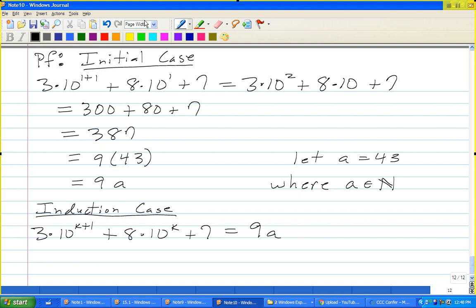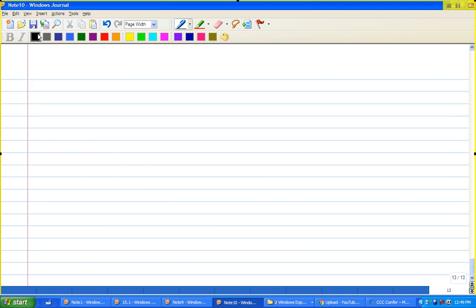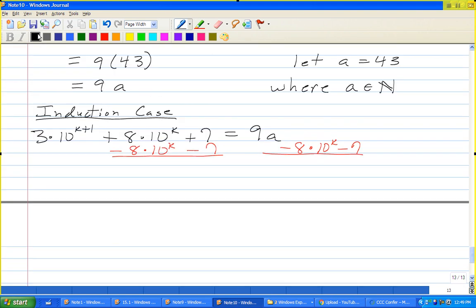Let me subtract 8 times 10^k and 7 from both sides. And so I have that 3 times 10^(k+1) is equal to 9a minus 8 times 10^k minus 7.